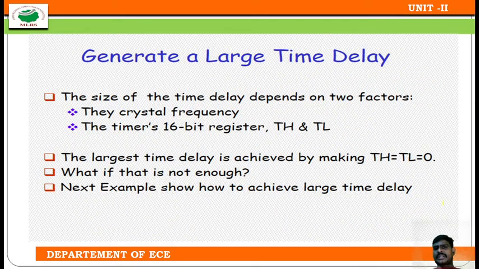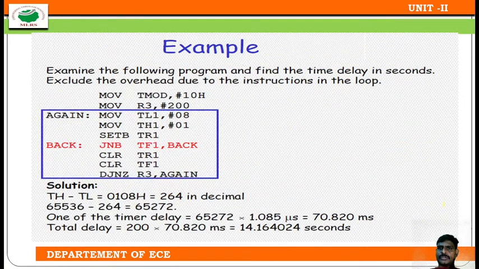If I want to generate a larger delay, the default values are not sufficient. In such cases, either I increase the crystal oscillator frequency, or I need to use a delay loop. Suppose I write it here: the mode of loading Timer 1, Timer 0.